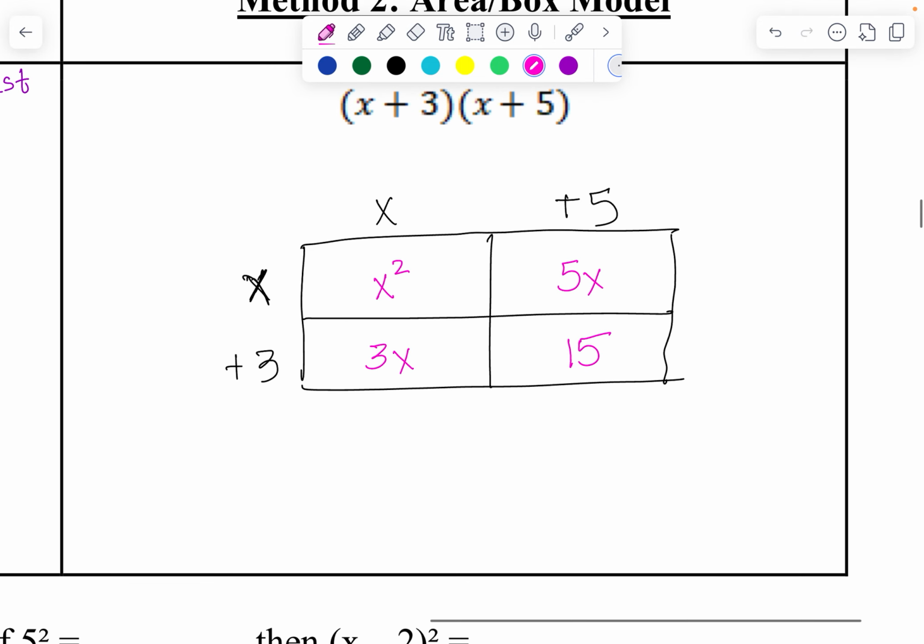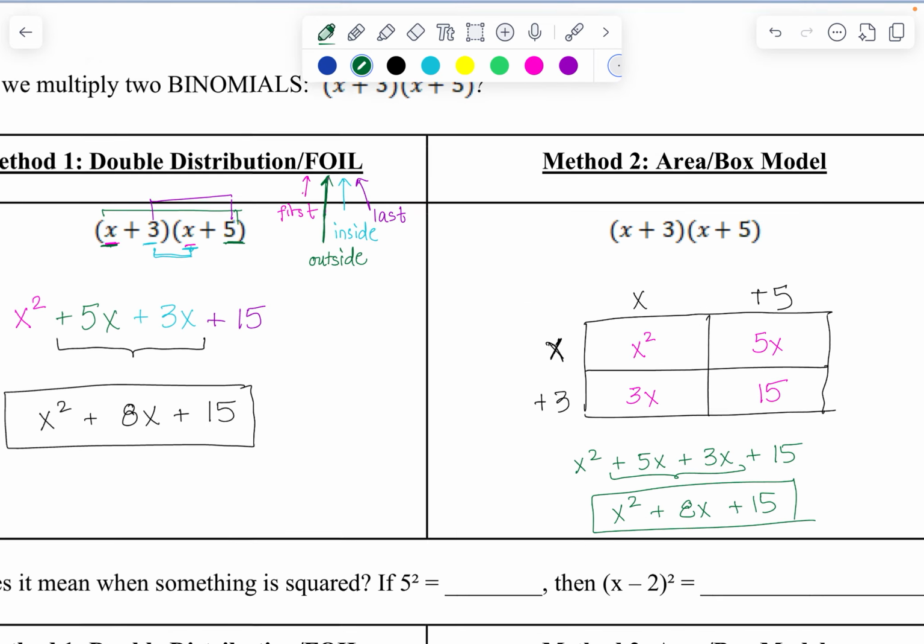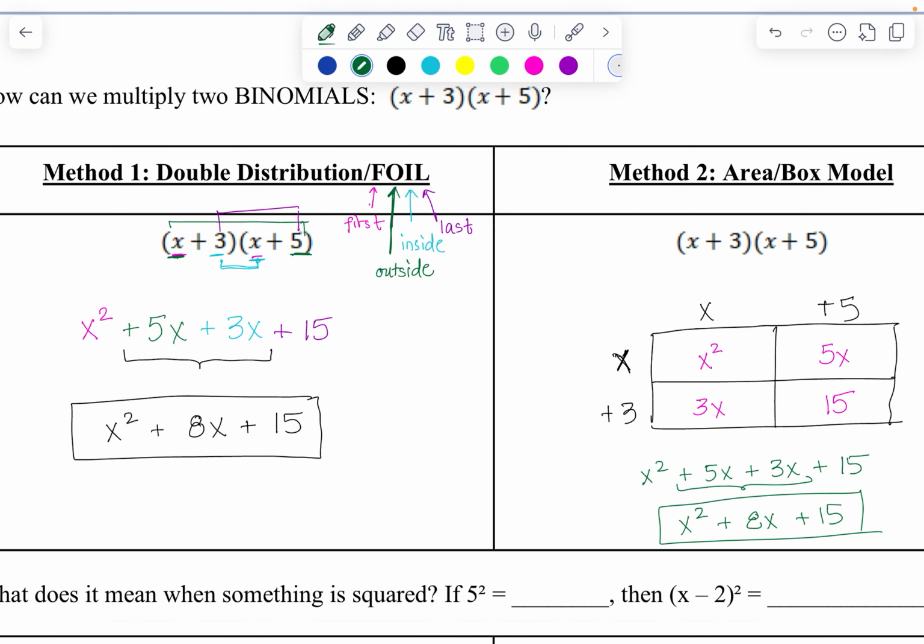Now what we're going to do is we're going to go ahead and add up everything inside the box. We've got an x squared plus 5x plus 3x plus 15. Go ahead and combine like terms, and you have x squared plus 8x plus 15. And it should be the same that you got using the FOIL method.